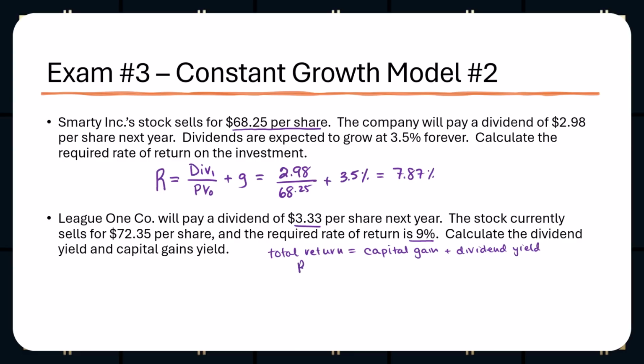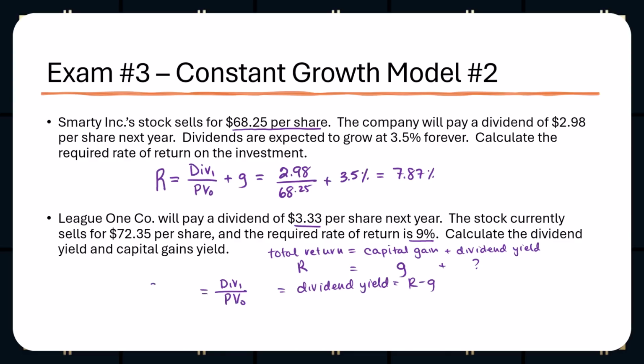And we know that our total return in this model is R and our capital gain is G. So if we want to find the dividend yield, it must equal R minus G. We also know that the dividend yield is equal to the dividend that will be paid, all divided by the price per share, which is the information that's given in this particular question.